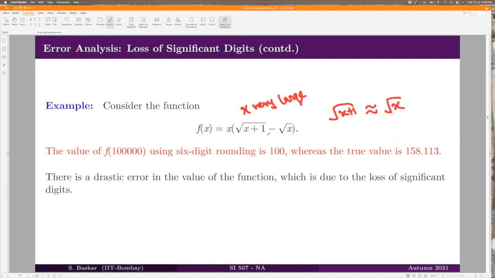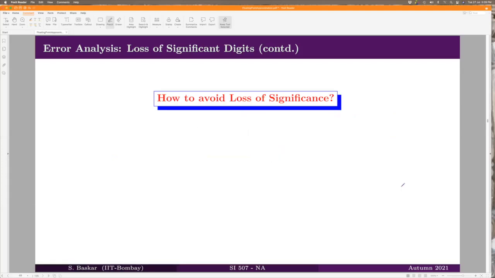Therefore, when you subtract them, certain digits get cancelled in the subtraction, and thereby you are losing some significant digits here. That is where we went wrong. As we have seen in the last example, the loss of significance results in an increase of relative error in the computed value when compared to the relative error in the input value. Now the question is how to avoid loss of significance.